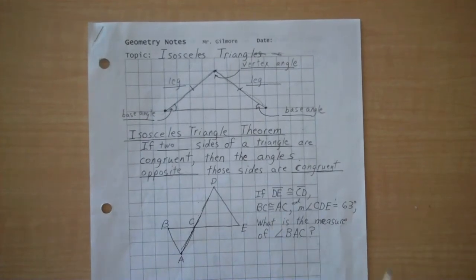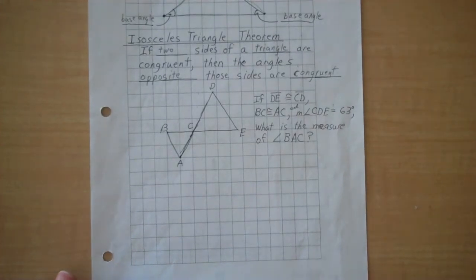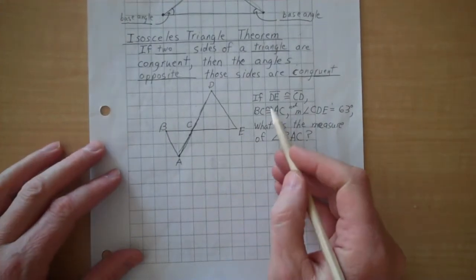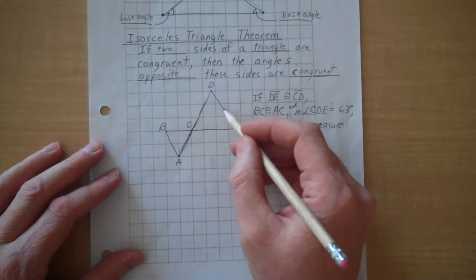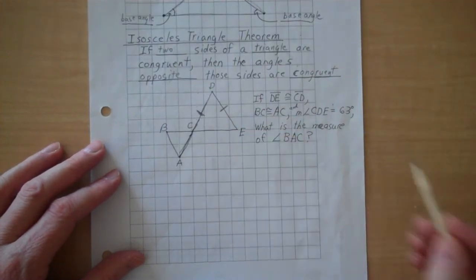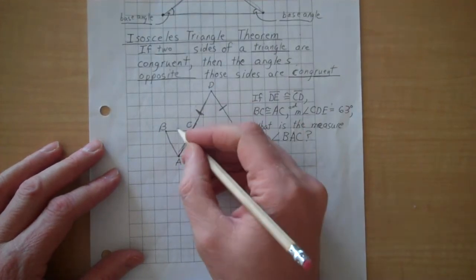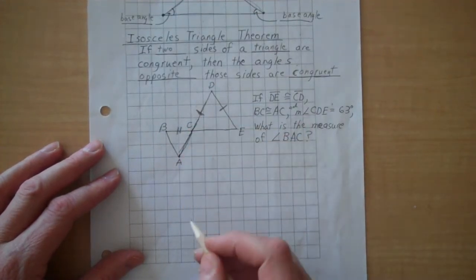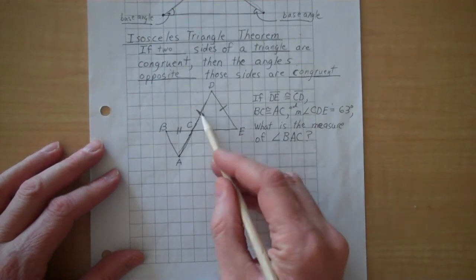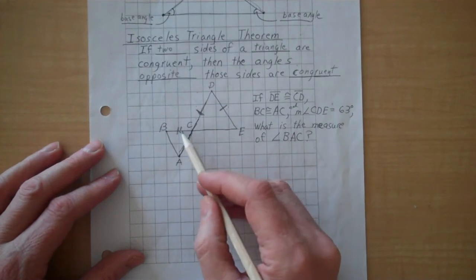Let's look at this first example here. If segment DE, and that's this segment right here, is congruent to segment CD, which is this segment right here, BC, I'm going to put 2 marks in BC because I put 1 mark in these. These two are congruent. I don't want to put any other mark unless it's congruent.